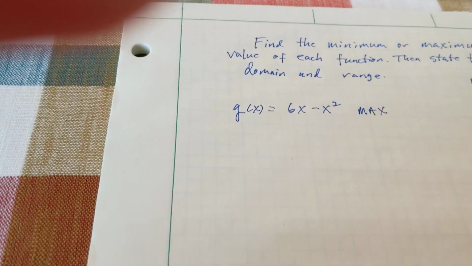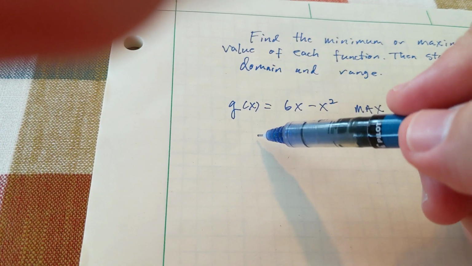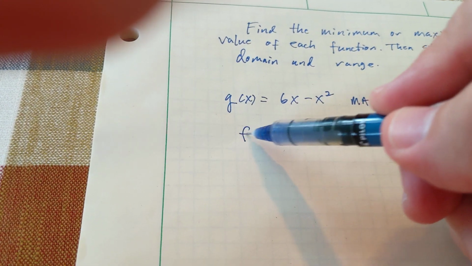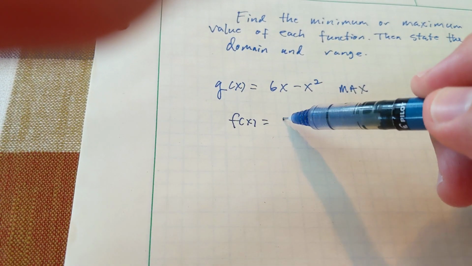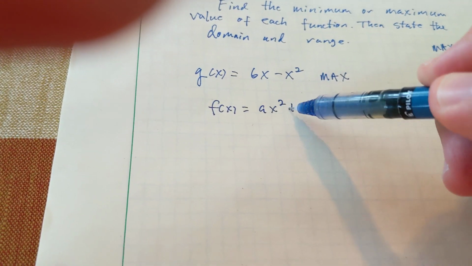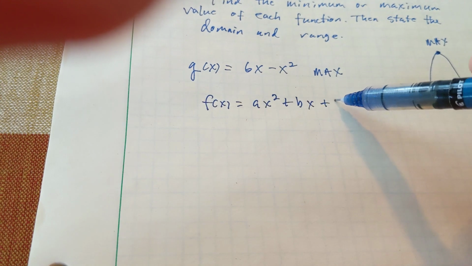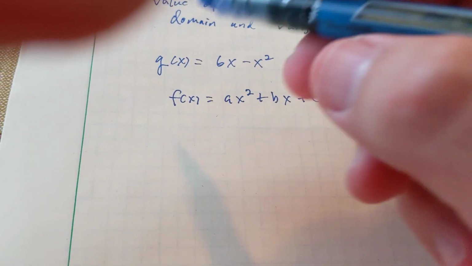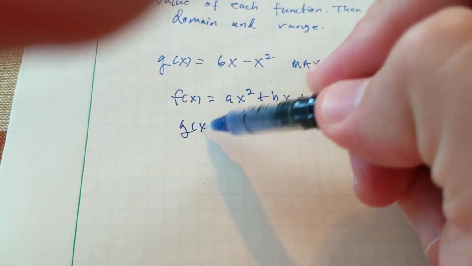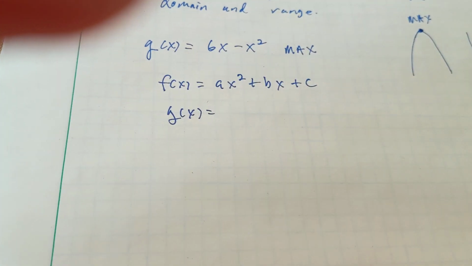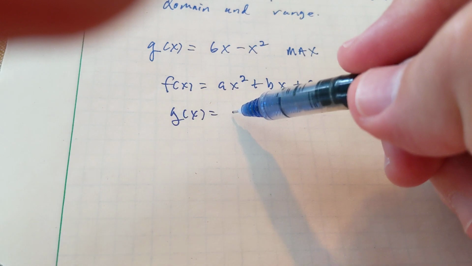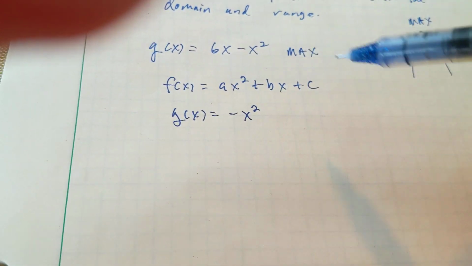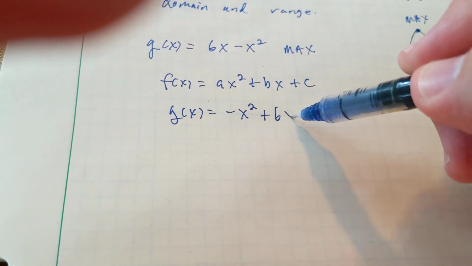The way I'm determining that is that every quadratic can be rearranged in standard form. That's standard form for a quadratic. If we take this g of x function and rearrange it so that it has the x squared term first, this would be negative 1x squared plus 6x.